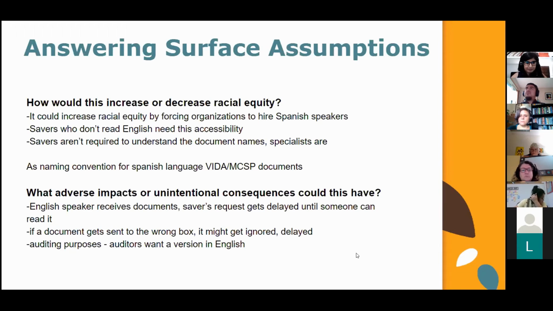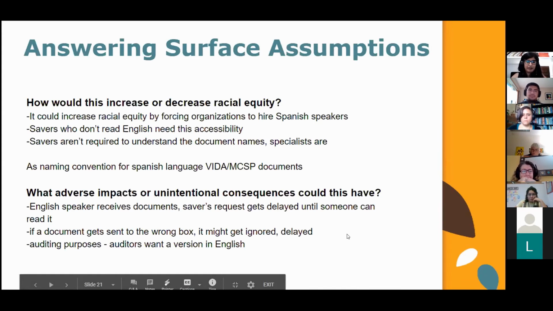Some of the adverse impacts would be that because not all specialists can speak Spanish, they may be the ones who don't get that information or form sent over to clients because they can't read the form right away. And this could add the impact that, in the end, the saver is going to be the one affected by the delay in the form getting sent over.